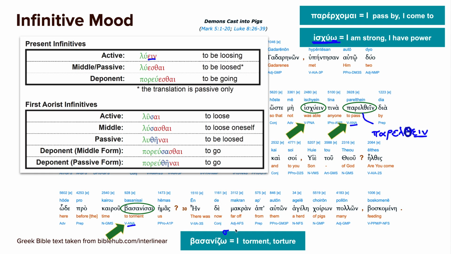And an alpha and an iota. But the sigma and the zeta combined just makes one sigma. So it becomes basanisai. So instead of having the zeta and the sigma together, you just have a single sigma, right? To torment us. And we have an example here of our accusative first person plural personal pronoun, which of course I had to point out to you before we move on.